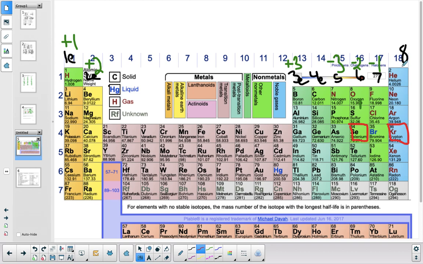Whereas krypton is in group 18. This means that it has a full 8 already. Krypton, all of these ones in here, are pretty selfish. They have their 8. They are happy where they're at. They are going to do everything in their power to not lose or gain another electron, because that's going to set them off balance.